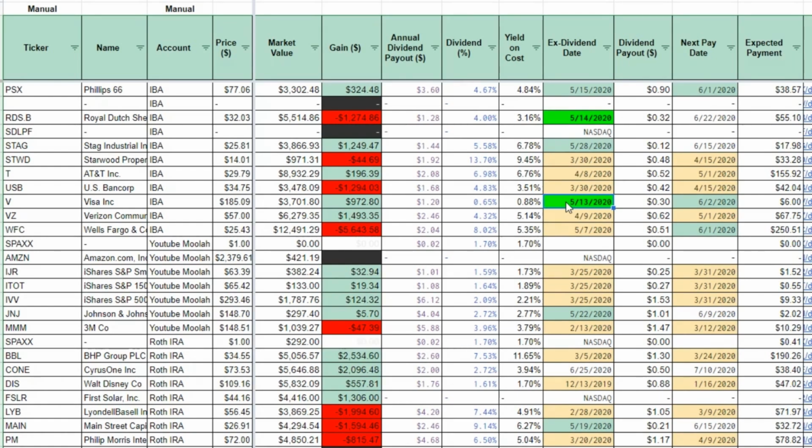What this basically means is, if I don't have those shares in my possession already, meaning I had them on the 12th at close of business, when the market opens on the 13th, I don't get this 30-cent per share dividend. If I buy the stock on the 13th of May, that means I do not get this 30-cent dividend per share. And for example, just based off of, this is Visa, I'm sorry, not US Bank, but Visa.